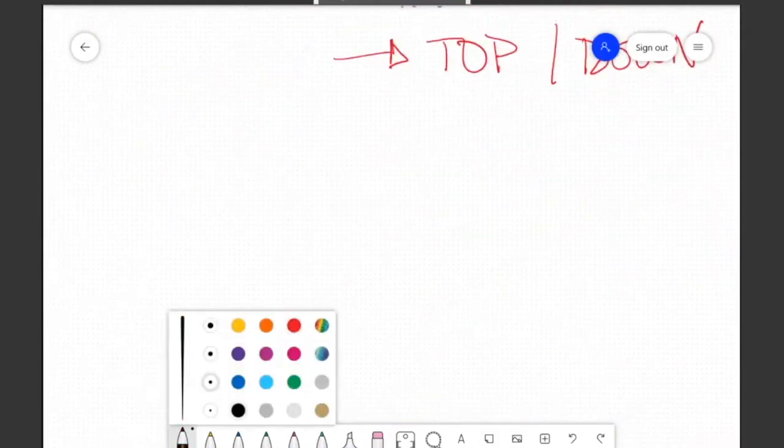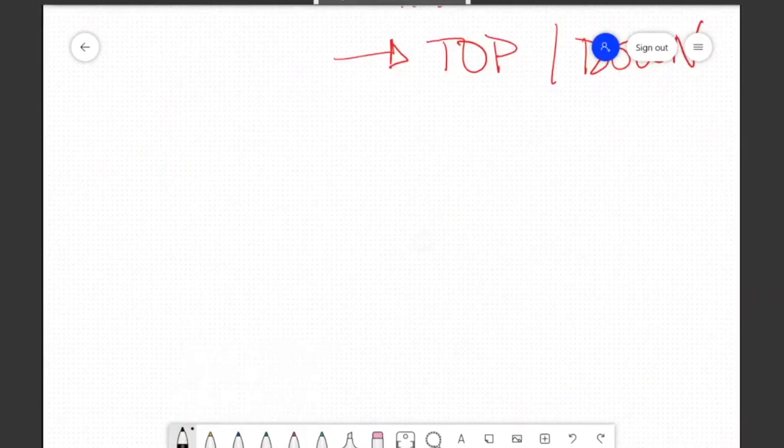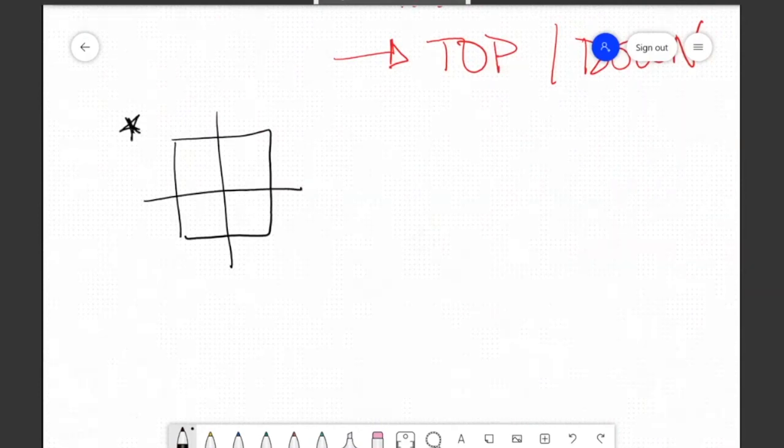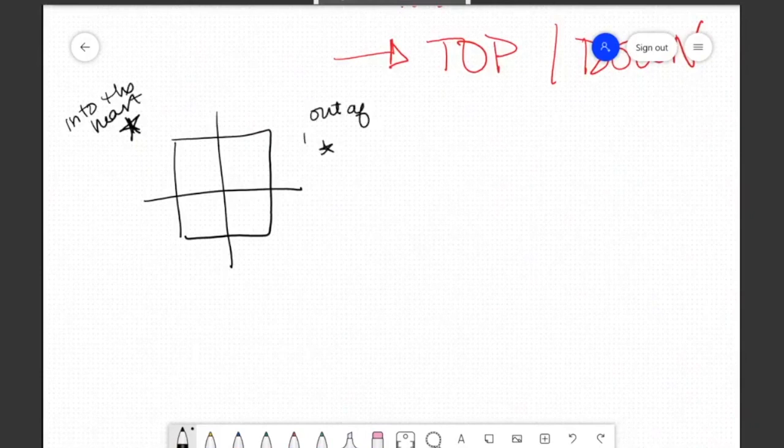But just to keep it super simple for right now, if we were to take our heart, we are going to start coming into the heart, and we're going to end going out of the heart.